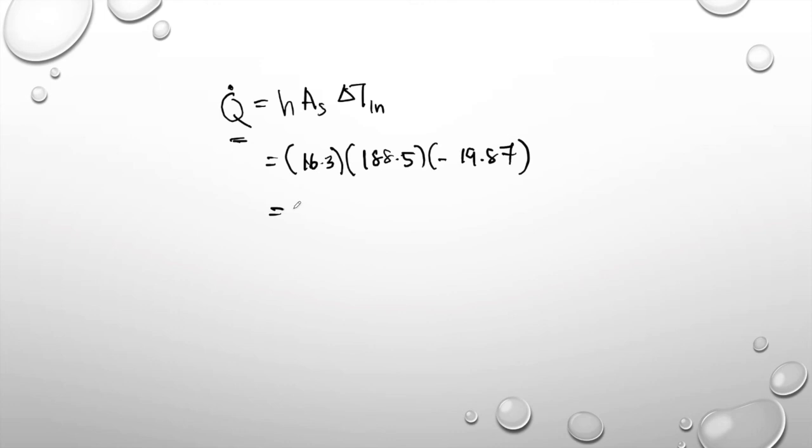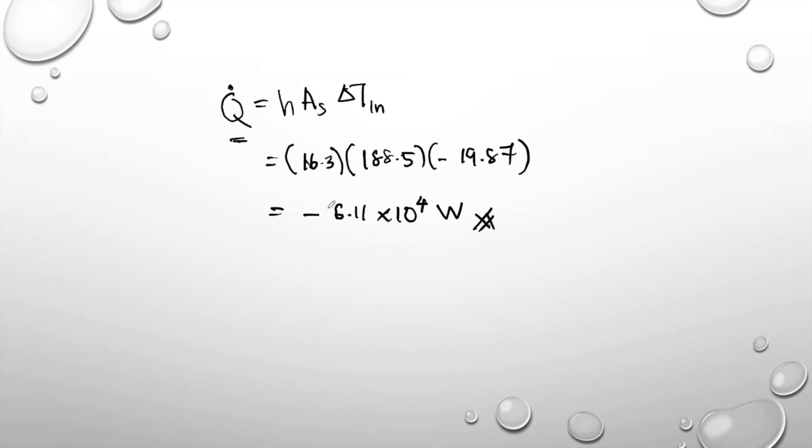So you will get the value for Q dot is minus 6.11 times 10 to the power of 4 watt.